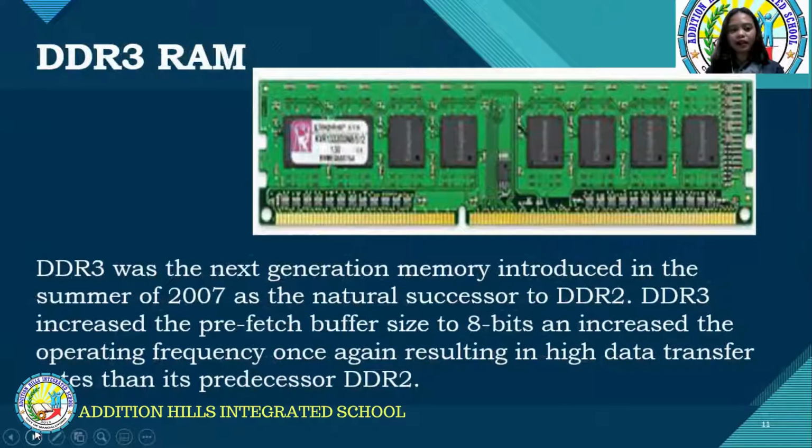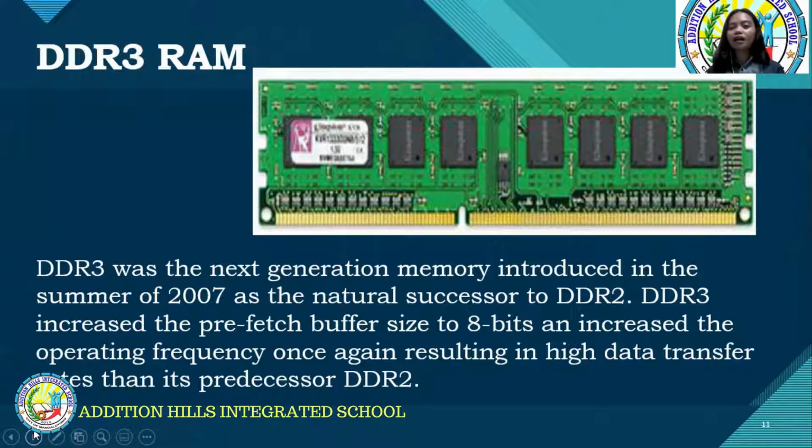The next and last, I guess, is the DDR3, which is the type din ng DDR. Ito lang yung mas latest na ngayon na mas ginagamit. DDR3 was the next generation memory introduced in the summer of 2007. As the natural successor to DDR2, DDR3 increased the prefetch buffer size to 8 bits and increased the operating frequency once again, resulting in a higher data transfer rate than its predecessor DDR2.